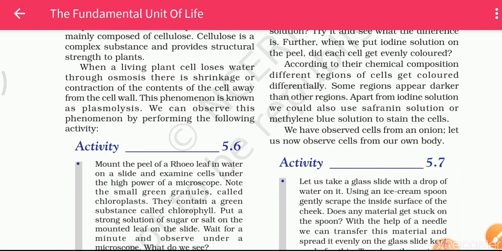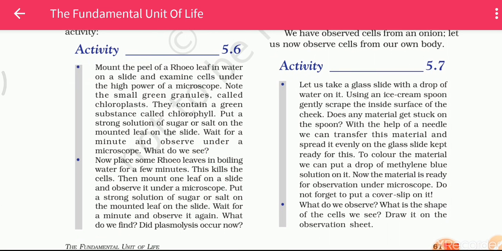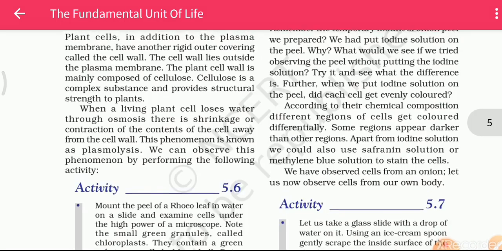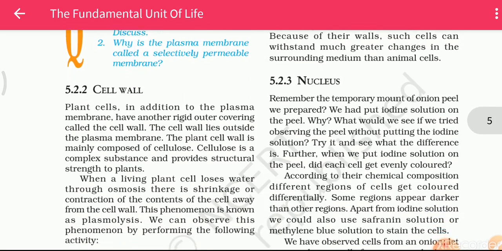We have observed cells from an onion. Let us now observe cells from our own body. Students, here activity 5.7 is given, but I will explain this activity in my next video, because the nucleus topic is a vast topic.